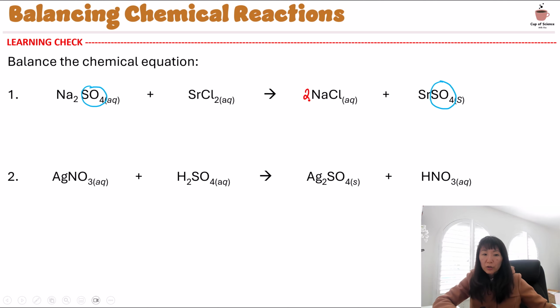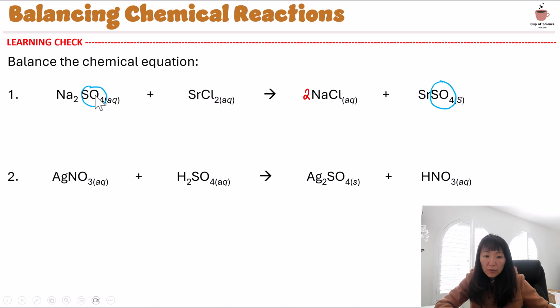Now there's 2 sodium on the left hand side. Yes, it's a subscript, but it doesn't matter. It's still 2 sodium and 2 here. What about chlorine? There's 2 chlorines here and 2 chlorines there. So that checks off the box, sodium and chlorine. How about sulfate and strontium?